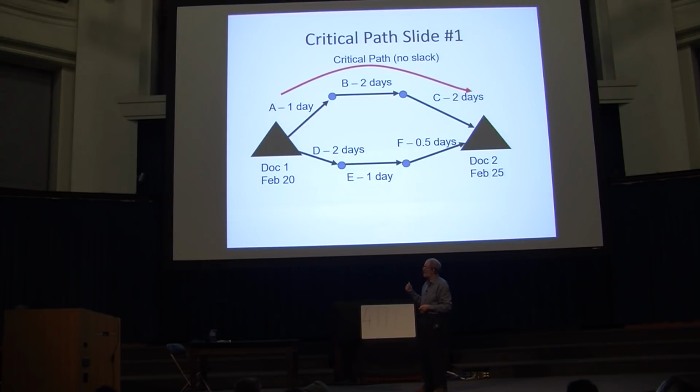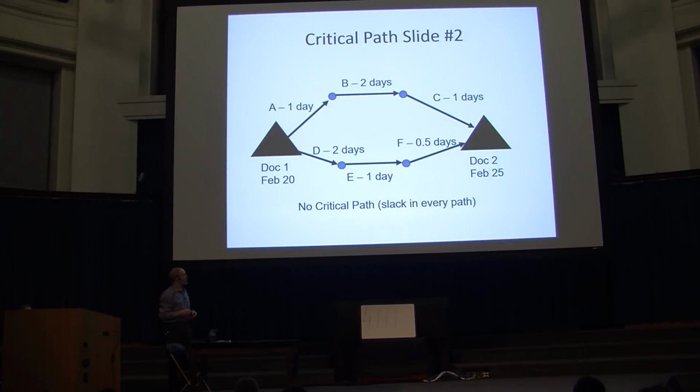But what you'll find is that even though there is a critical path here, it won't be noted by the software. That's because all of the routes between the start point and the end point will have slack in them, because you've got lots of time between the two documents to get the second document ready. You have more time than you need to do that and all the related tasks. So that's number one that you'll find, is that you don't get a critical path, even though there is one.